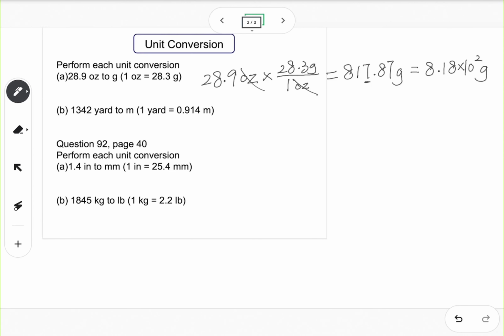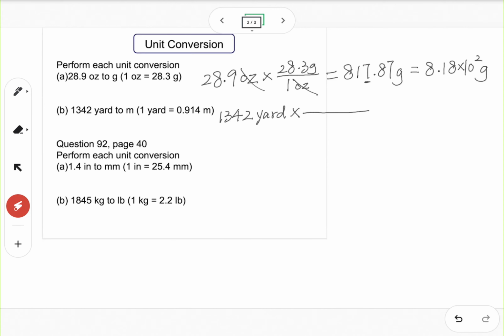The next question, from yard to meter. Here, this is a unit conversion factor. Again, let's set up the equation. 1342 yard times, okay, for this division equation, the unit you want to keep should be on top.